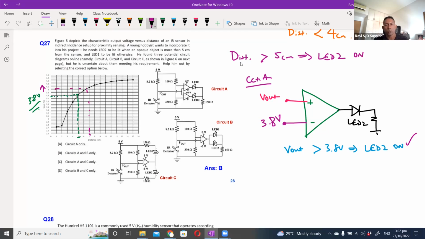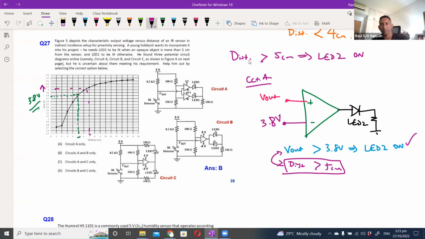Of course you can also confirm for the other op-amp, to check whether LED 1 also lights up for smaller than 5 cm, which you will see is true. But this already confirmed that for circuit A, when my distance is greater than 5 cm, my LED 2 will be on, because Vout greater than 3.8 volts is equivalent to distance greater than 5 cm.